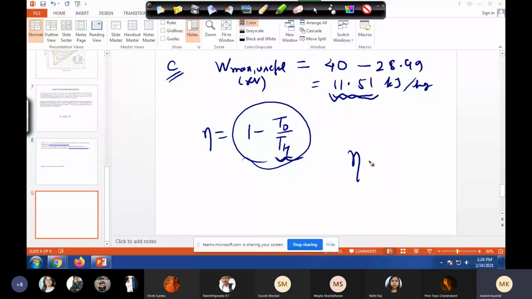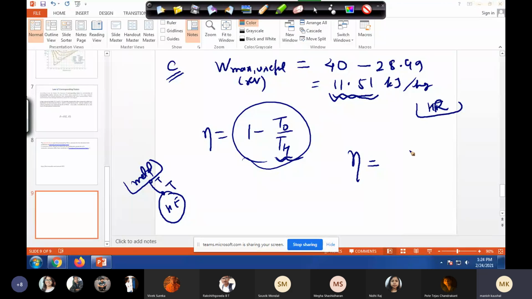If you want to define eta where the heat reservoir temperature itself is changing, so this is your metal. If this is a heat engine and heat is coming here, then this temperature and this temperature should be equal, and the metal temperature is decreasing, so this temperature will also decrease. So how do we define eta?